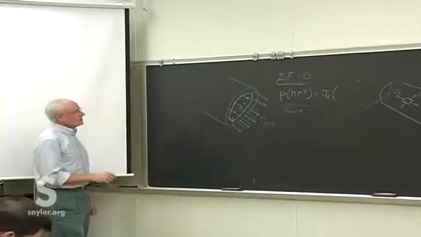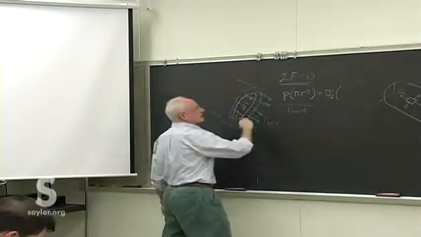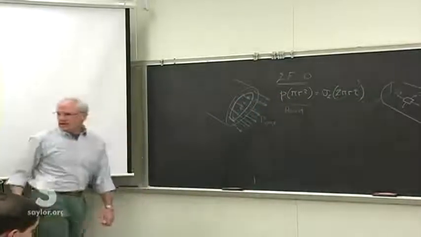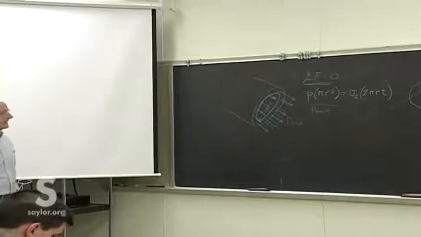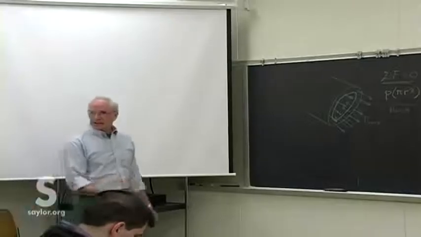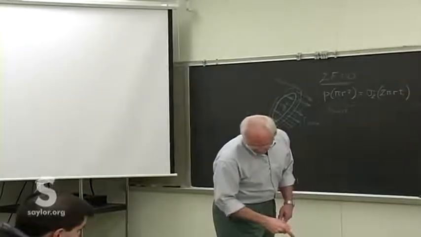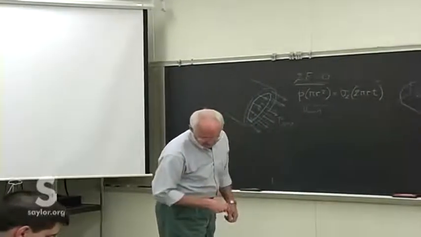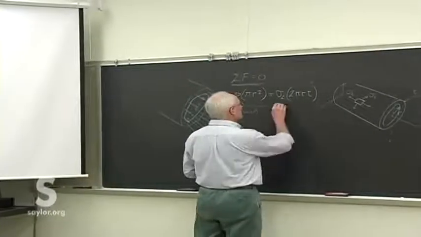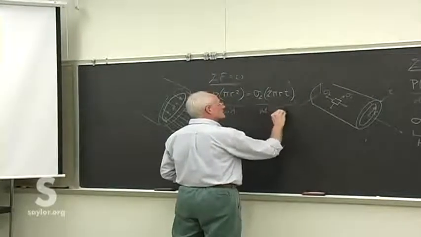So due to the thin wall approximation, all we need to do to estimate this area is, we'll just call it 2 pi r times t. It's not quite that. I guess we have to do 2 pi r outside minus r inside and then times t. Or no, r average I guess would be a better one. But this is close enough with the thin wall approximation. And so that's the internal wall forces.